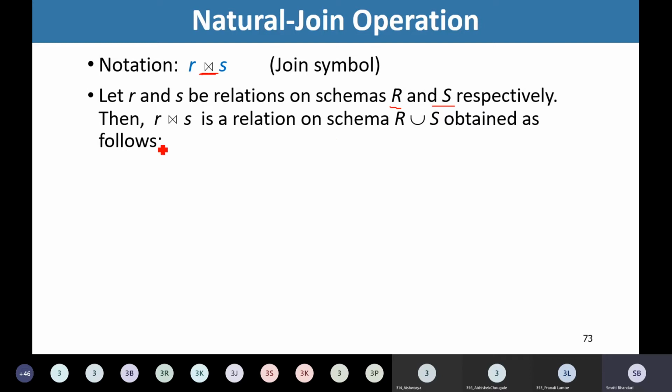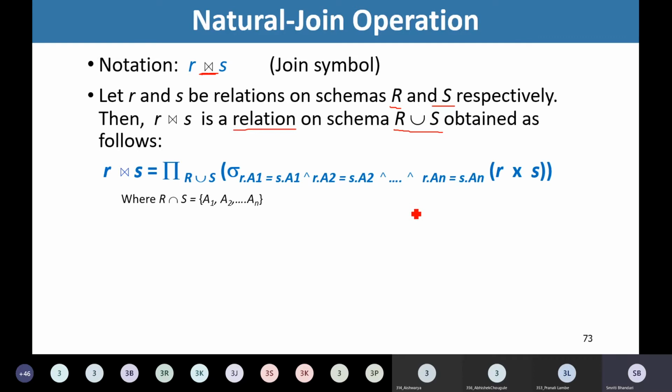Now we are going to define the natural join of R and S. The natural join of R and S will provide us a new relation on the schema capital R union capital S. And the formal definition of this natural join operation will look like this.